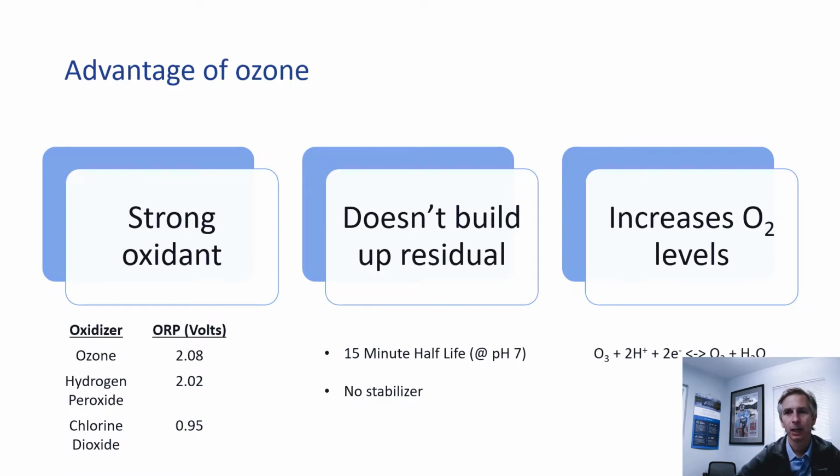Let's talk about the advantages that ozone brings for disinfection in these farms. The first advantage is that ozone is a strong oxidizer. It's one of the strongest oxidizers, and that means it doesn't require a tremendous amount of ozone to bring bacteria, yeast, and mold under control.